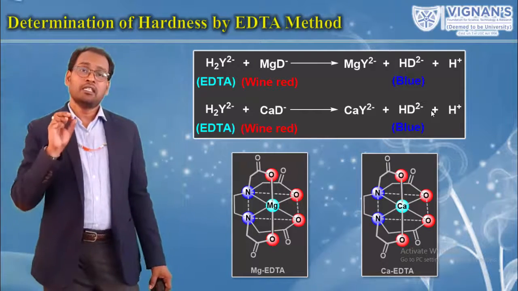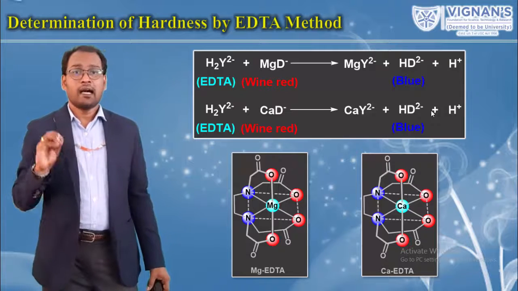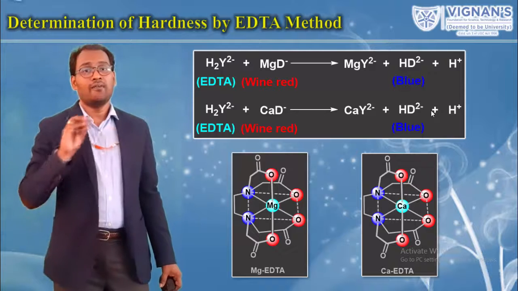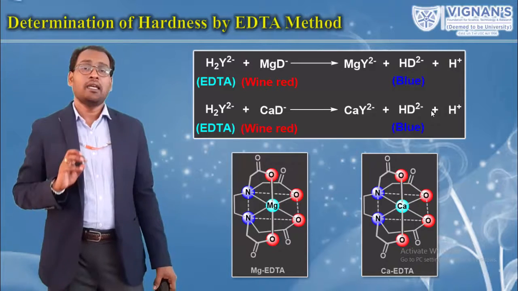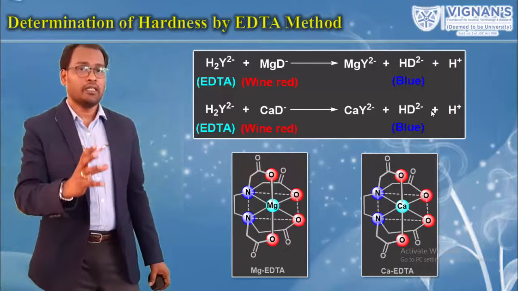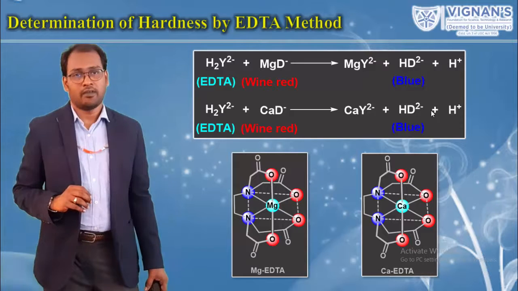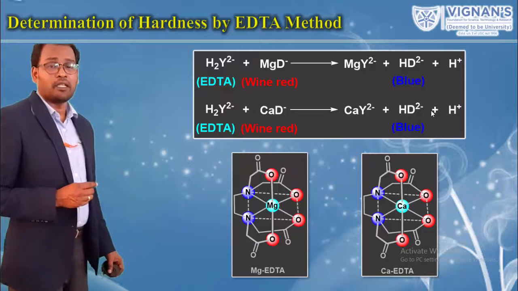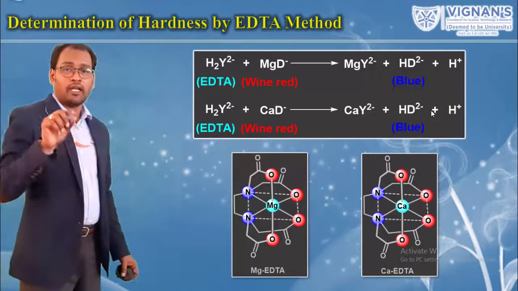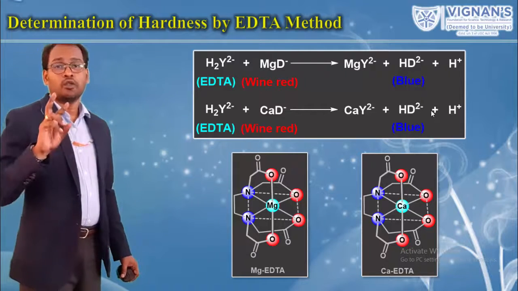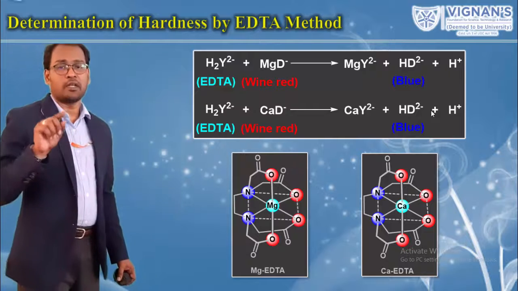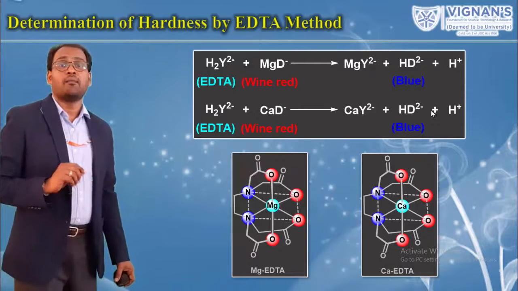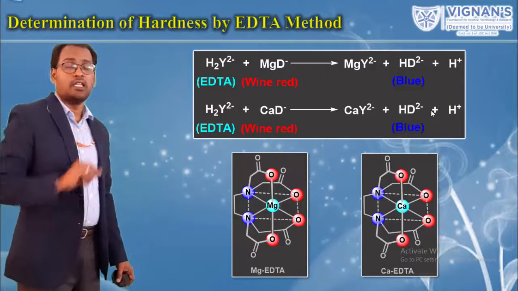So when this metal EBT comes in contact with EDTA, EDTA will knock off the EBT and form a complex with the metal. That is the equation given here. Y represents the EDTA molecule and H2 represents the two acid hydrogens present in the system, the wine red is represented as magnesium, and D represents the EBT.